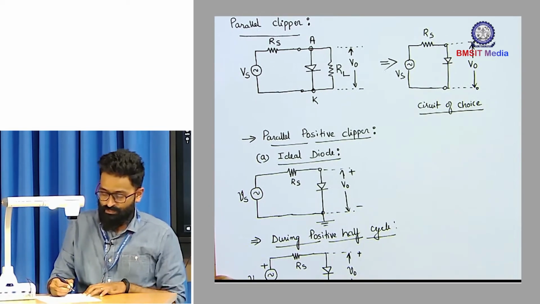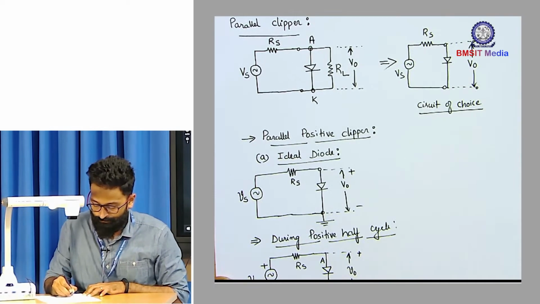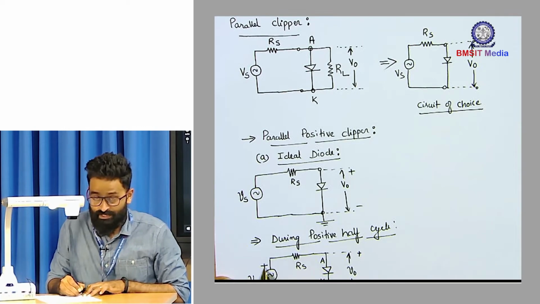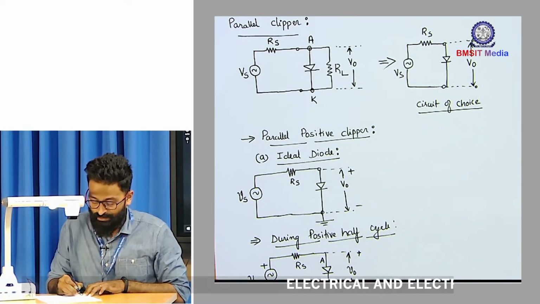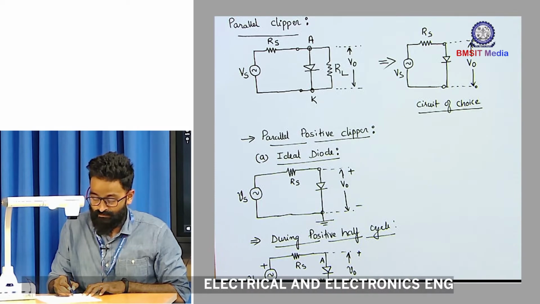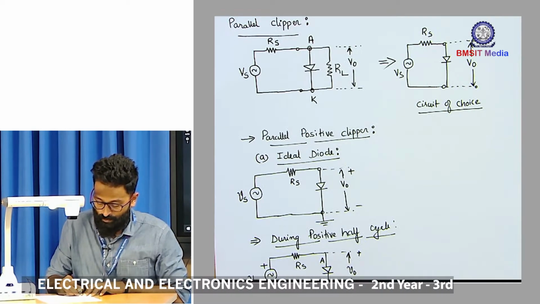As you can clearly observe, during the positive half cycle, the positive terminal of the source is connected to the anode terminal of the diode, and the negative terminal of the source is connected to the cathode terminal of the diode. Hence you can say the diode is forward biased.